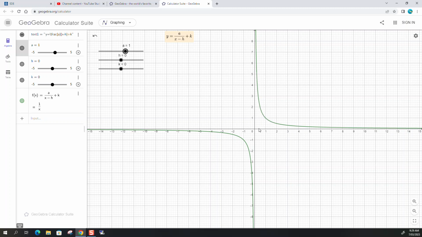Likewise, we have a similar situation here. As we get closer and closer to 0, dividing by smaller numbers, 1 divided by a small number gives a very large answer. Of course, it's forbidden to divide by 0. There is no point on the y-axis. If we try to let x equal 0, then 1 divided by 0 is undefined.